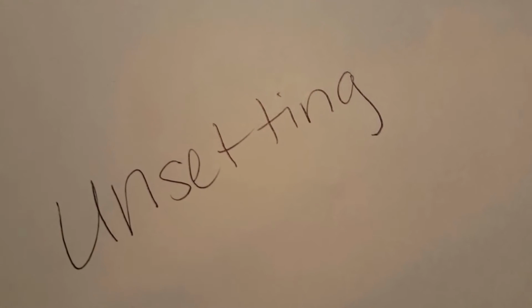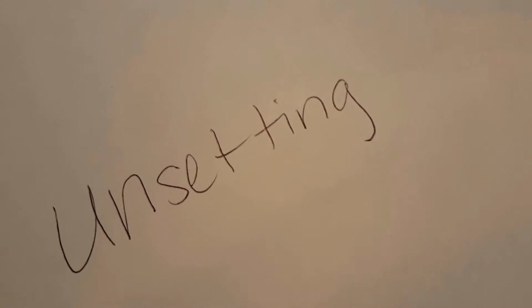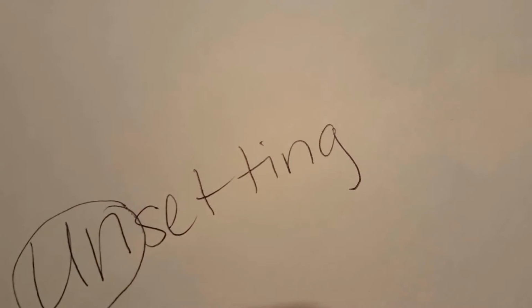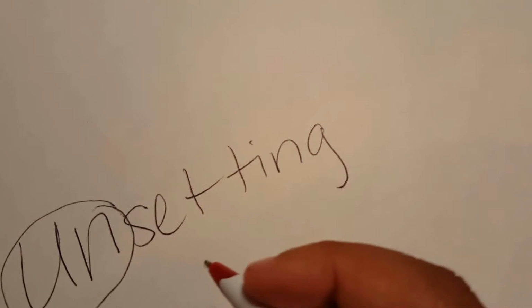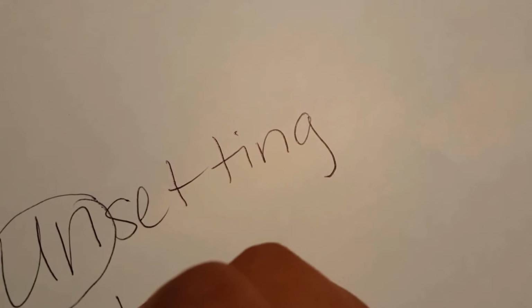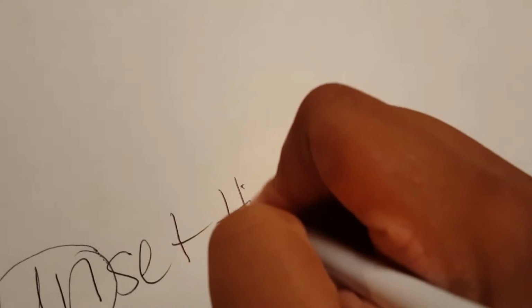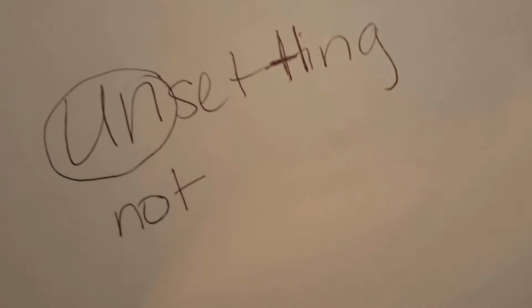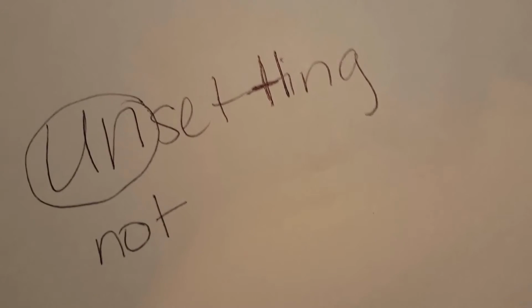The first thing we need to see is is there any part of this word that we know. Un means not. So not settling. That still probably doesn't help you.